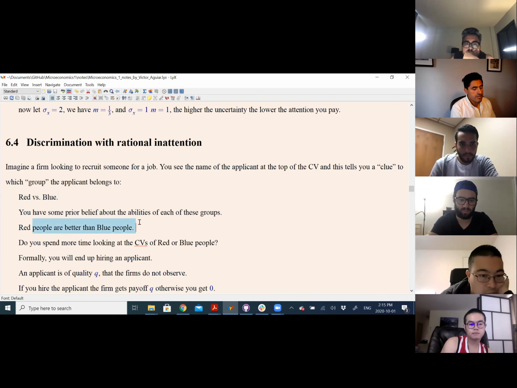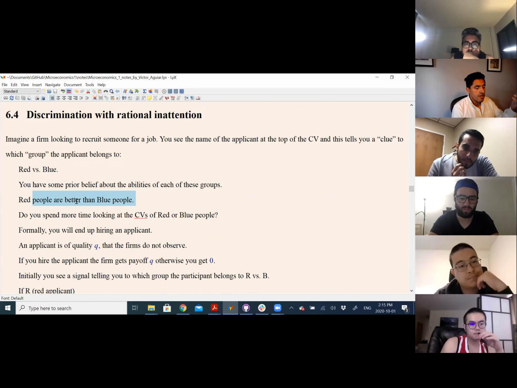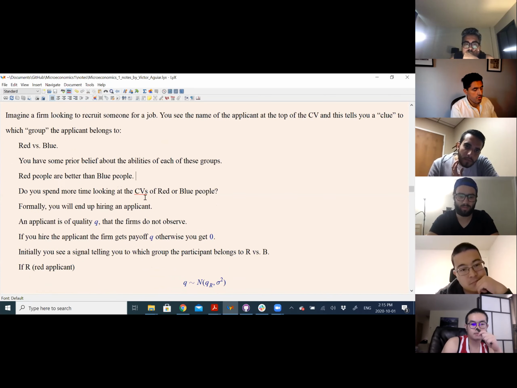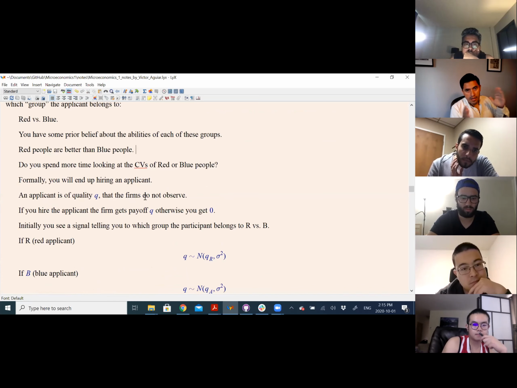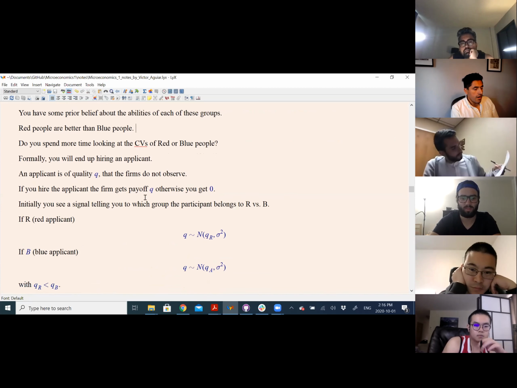Red people in this case are maybe better than blue people, so there is some relation about the groups. In the end we're going to change this according to the model, but the important thing is that there is some bias. A priori, you have information that the mean performance of red people is different from the mean performance of blue people.